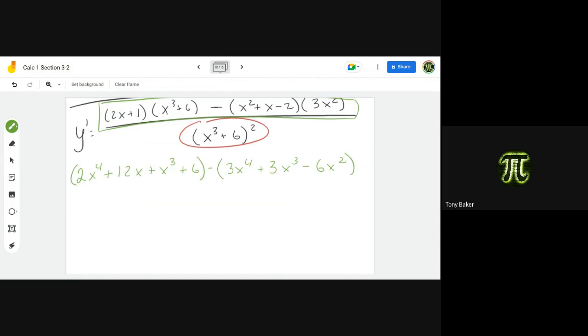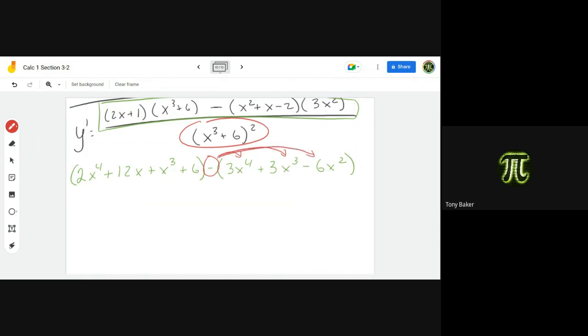Notice how I left them in parentheses. Very, very, very common mistake. I have a minus sign there. I have to distribute that minus sign through.